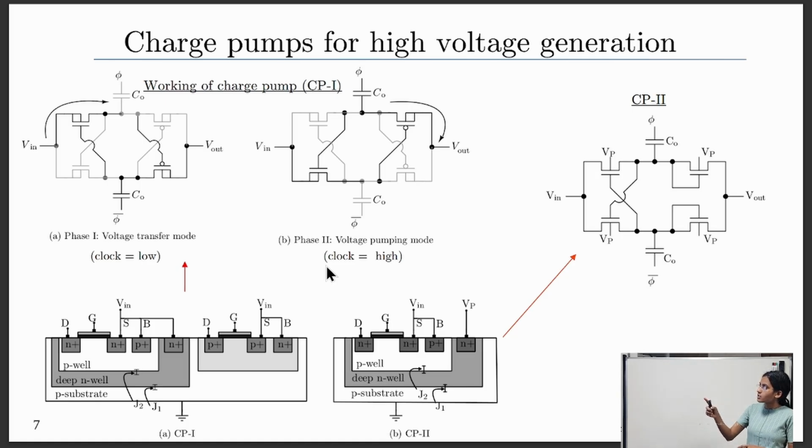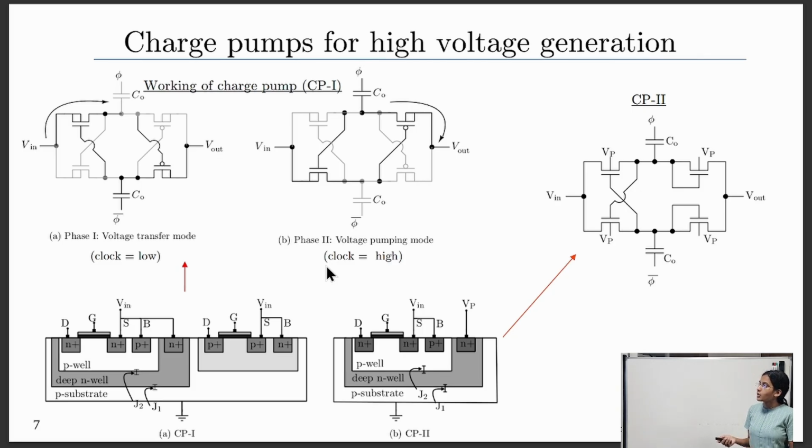In the second phase, the intermediate node is connected to the output. So the input voltage is pumped by a value of VDD, and that is equal to our output.